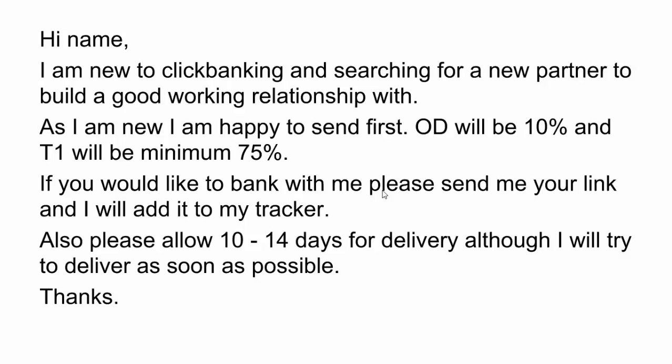So with the time frame we mentioned, 10 to 14 days, that will depend on when you think you can get traffic into your funnel based on the solo ad vendor. Be realistic with the time frame. Don't think, I'll be a really good clickbanking partner and get this done within 7 days or 3 or 4 days. Don't give unrealistic expectations because you're just going to get yourself in a hole.